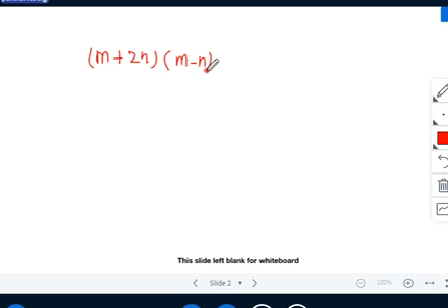So m squared, minus nm, plus 2nm, minus 2n squared. Yes. So, what's your final answer after compiling all the values?